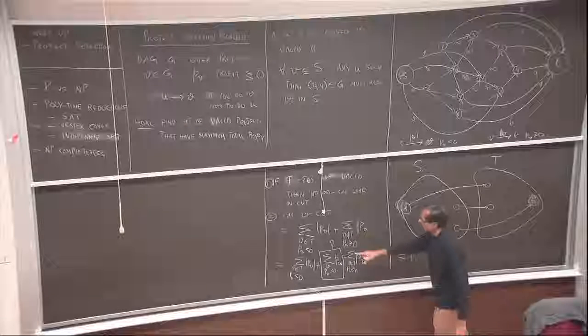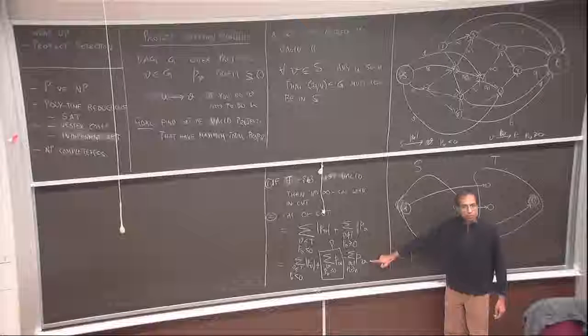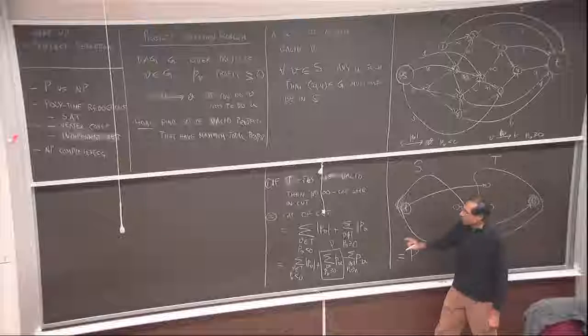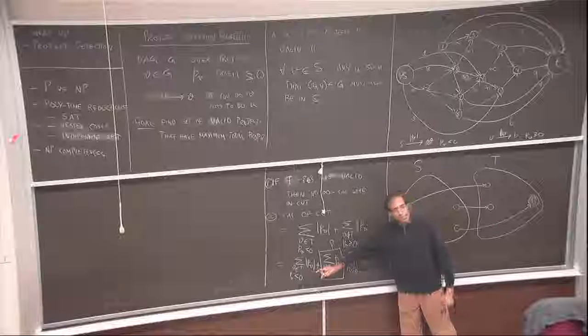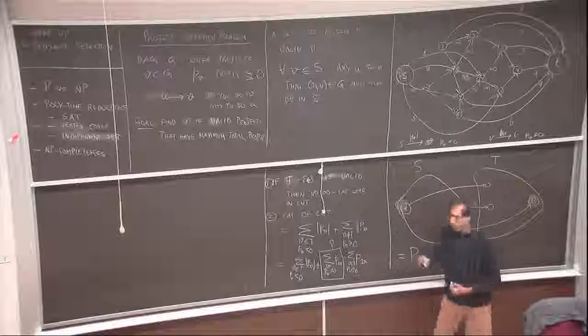So that's capital P. This is minus the positive profits in T and plus the negative profits in T, but taking the absolute value.